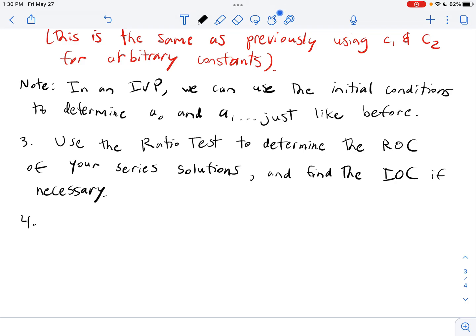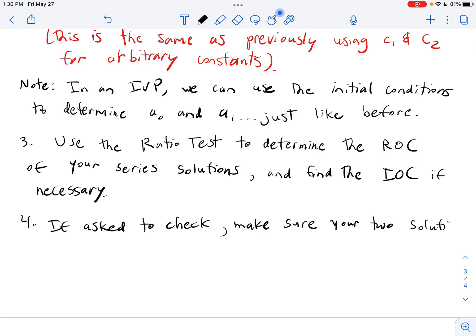Finally, if asked to check, make sure your two solutions are linearly independent.